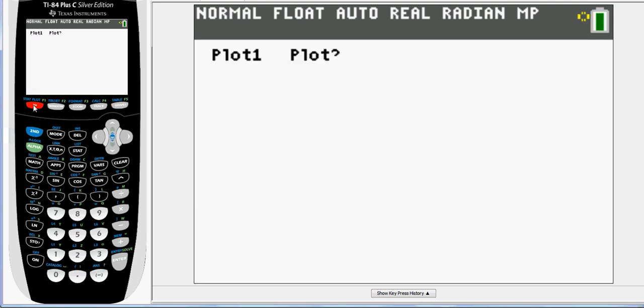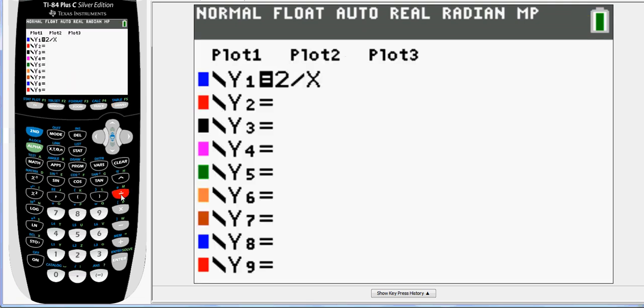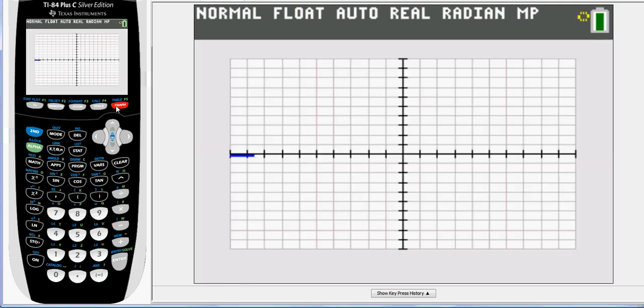Okay, so 2 divided by the quantity x minus 7, hit graph, and it looks like this. Okay, it does give me a horizontal asymptote in this case at 7, so you can kind of see what's happening there.